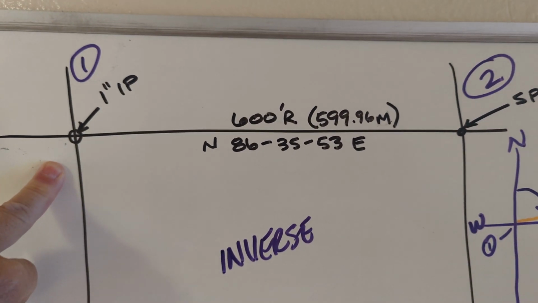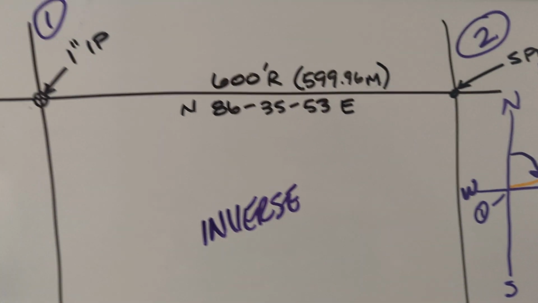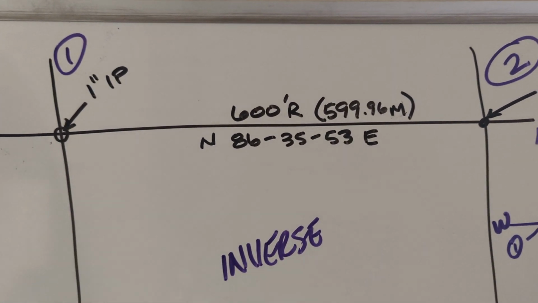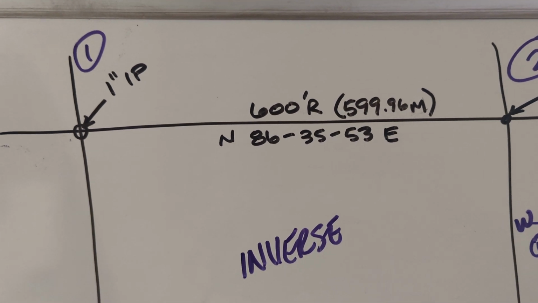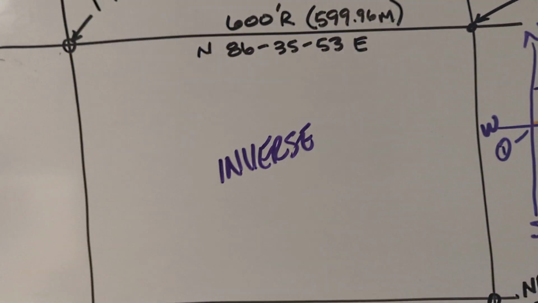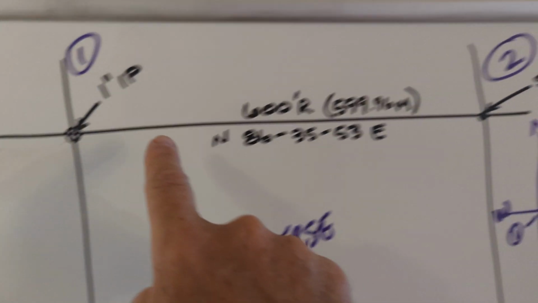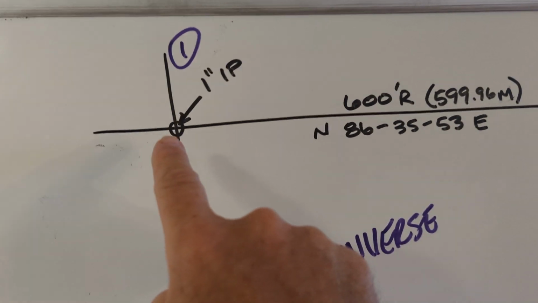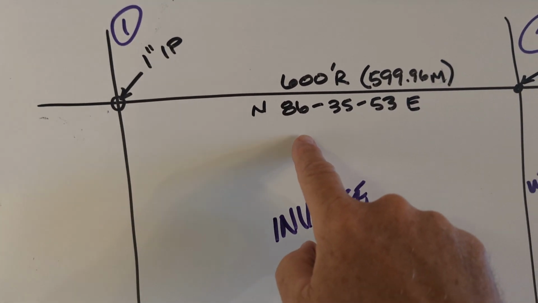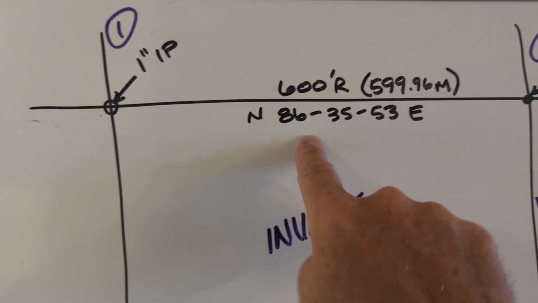Then our new hires wonder, okay, what are these numbers that you're getting when you're inversing using a data collector? And I try to explain to them that, let's say you're going from point 1 to point 2. If you have a bearing that shows on the map, this is just a made up bearing.